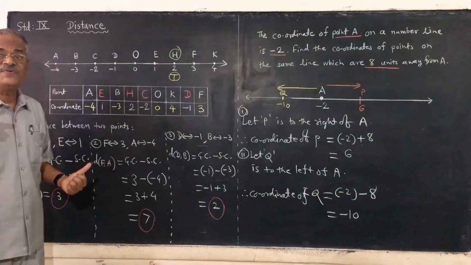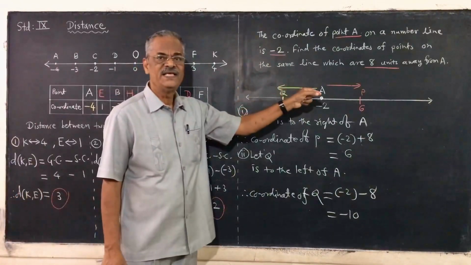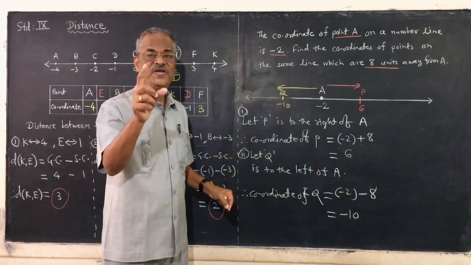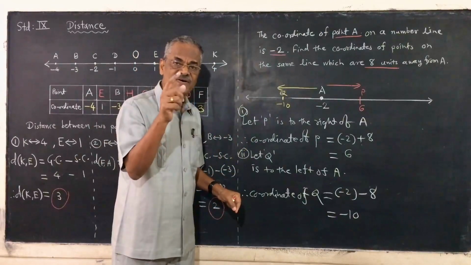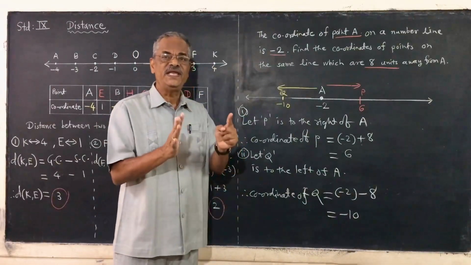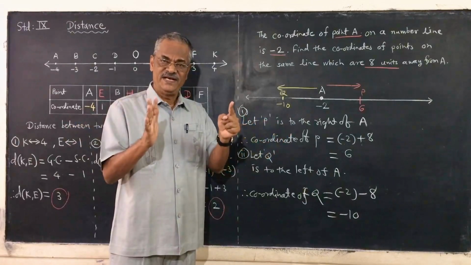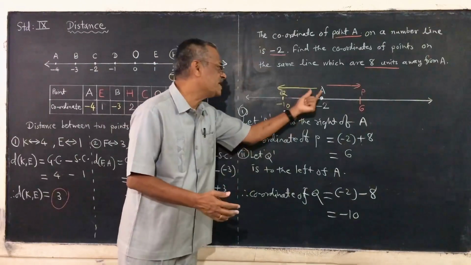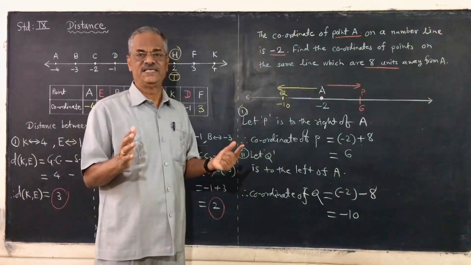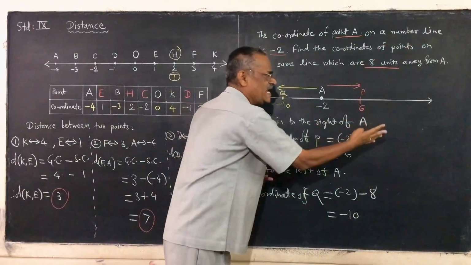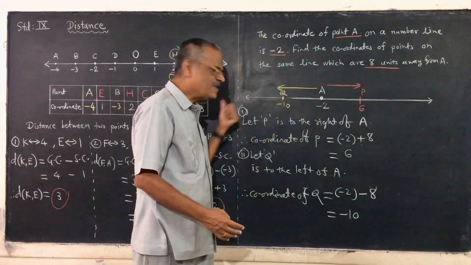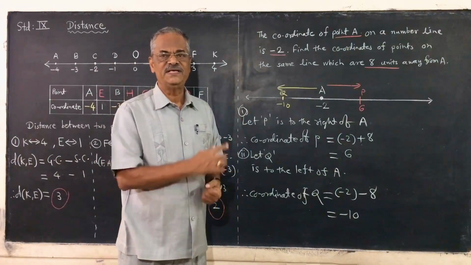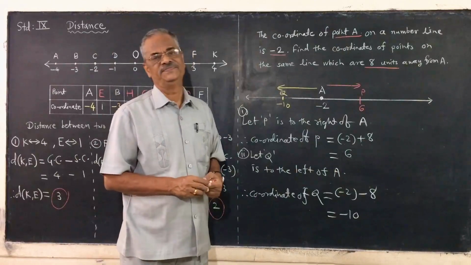And the second thing, that is a very interesting example for you: when a point is given on the number line and its coordinate is given, and you are finding the coordinates of points which are away from that given point at an equal distance, तुम्ही जर राईट ला गेला तर ऍड करा डिस्टन्स, लेफ्ट ला गेला तर डिस्टन्स मायनस करा. या पद्धतीनं हे एक्झाम्पल इम्पॉर्टंट आहे.